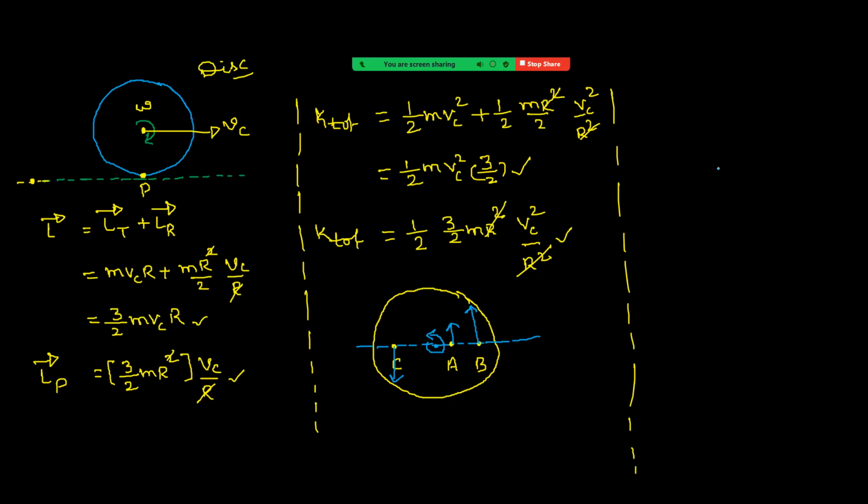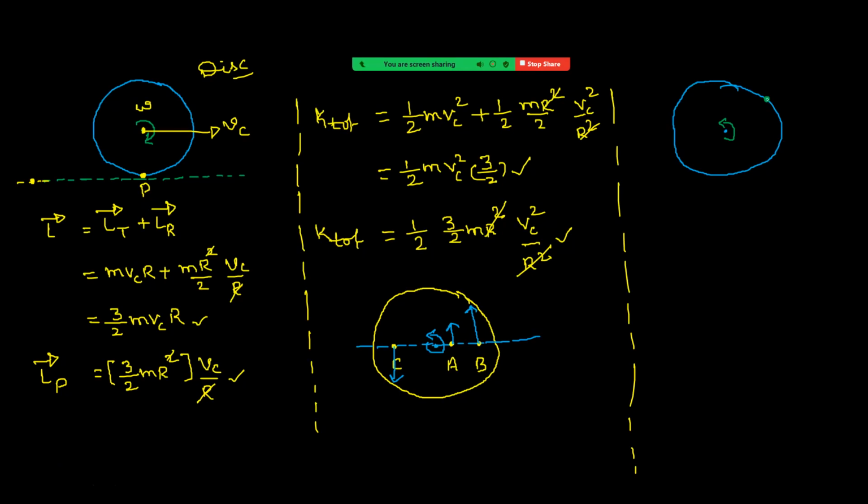Now, the next possibility: the directions of velocities are neither parallel nor anti-parallel. Let us take 2 points. Suppose one point is here. Rotation is like this.